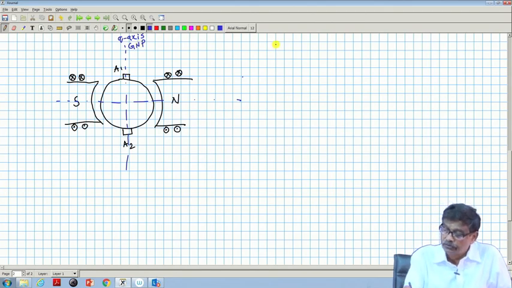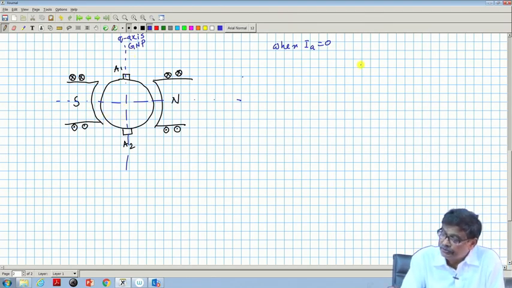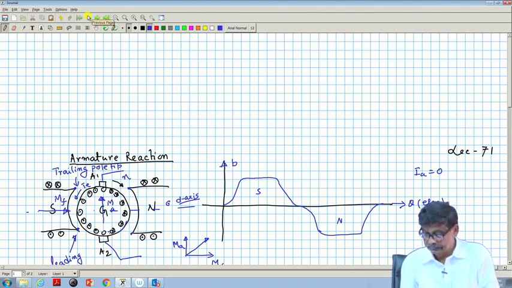When IA is equal to 0, that is, when the machine is under no load condition, at which points will the field be 0? Along this line only, because the B distribution is like this. Can I go and copy this?